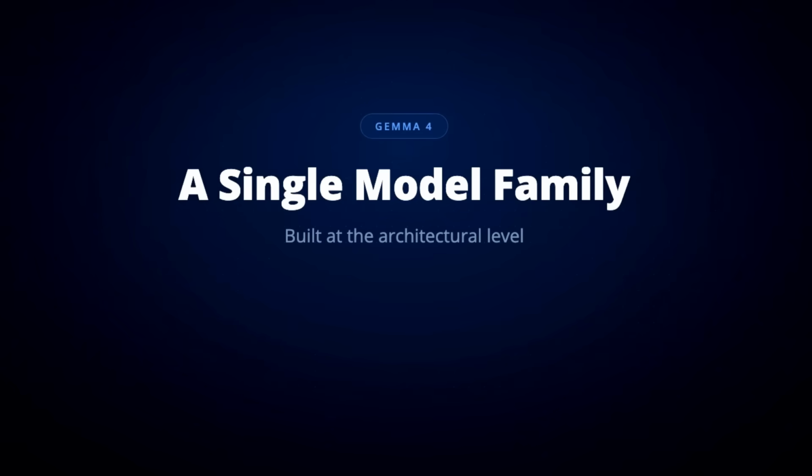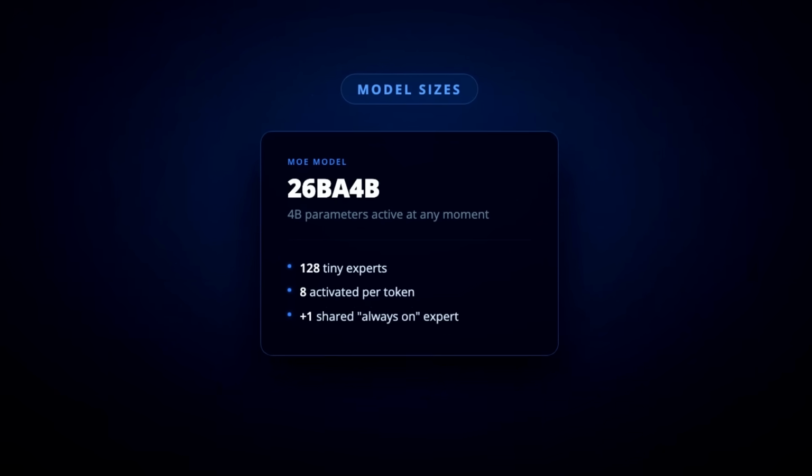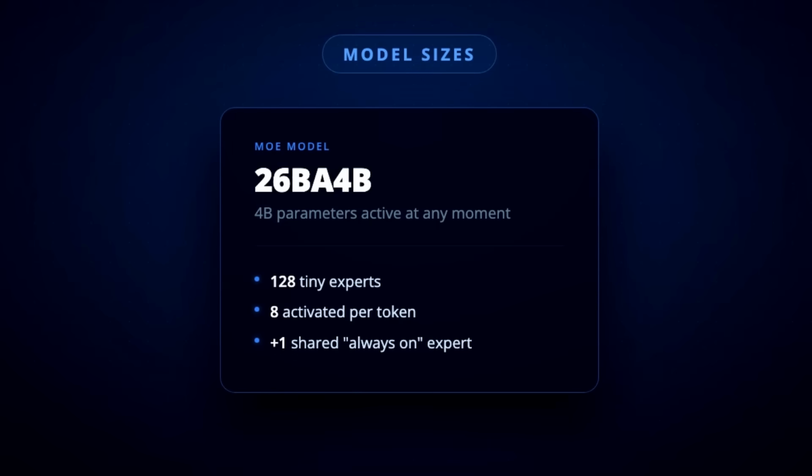All right, so let's talk about some of these architecture choices and the model sizes themselves. The mixture of experts model is 26 billion total parameters, but only 3.8 billion are active at any time. Now, they haven't gone for a huge number of experts like we've seen some other models go for recently.